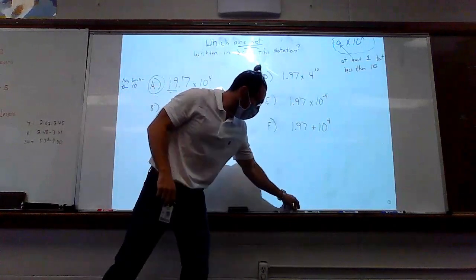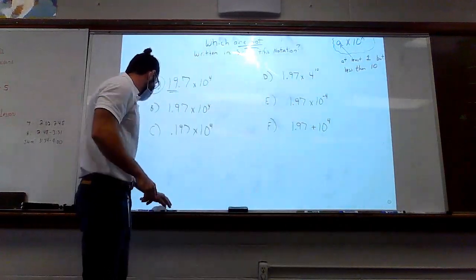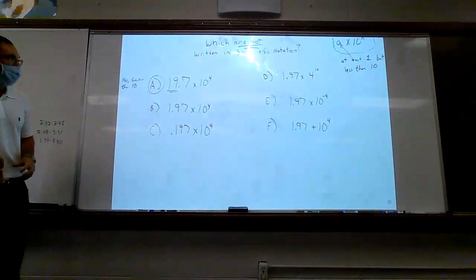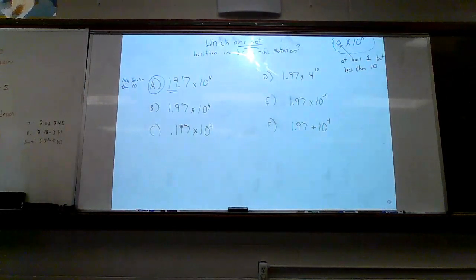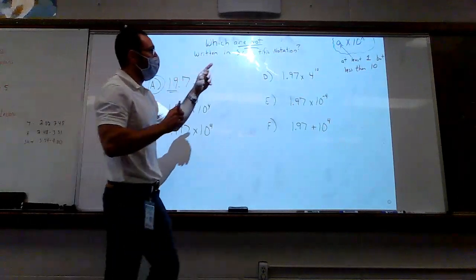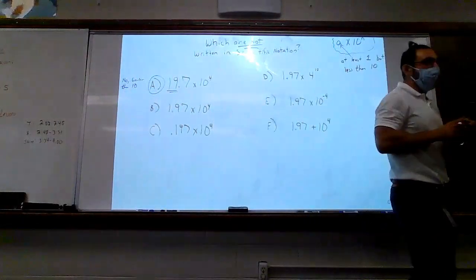Okay, Camilla. Where's my pen? There it is. Letter B, 1 97/100 times 10 to the 4th. Yes or no? Well, let's go back. Let's think what we have to know about A. Is it at least 1 or less than 10?